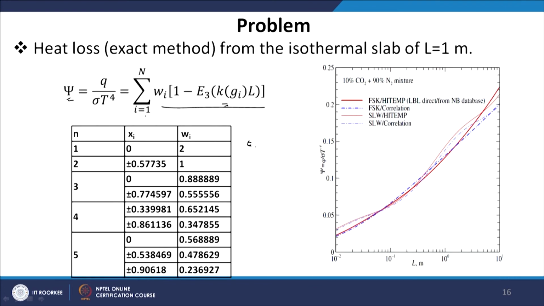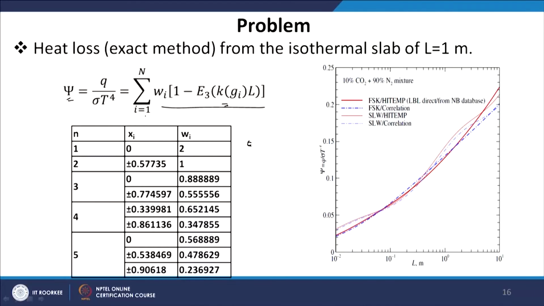This is the Gaussian quadrature that we are using for integration. For Gaussian quadrature we can pick the values of x and w. This is the value of g and this is the value of the weights. For the corresponding values of g, you can use 1 point, 2 point quadrature, 3 point quadrature and so on.